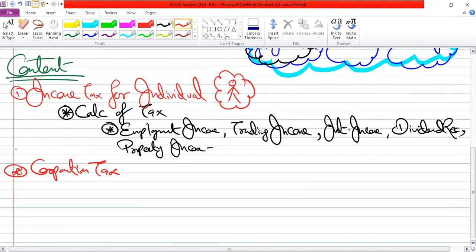So corporation tax is our second area, the second part of the syllabus. The third area is called capital gains tax. For example, if you are selling your non-current asset, you do have a gain or loss on disposal, right or wrong?